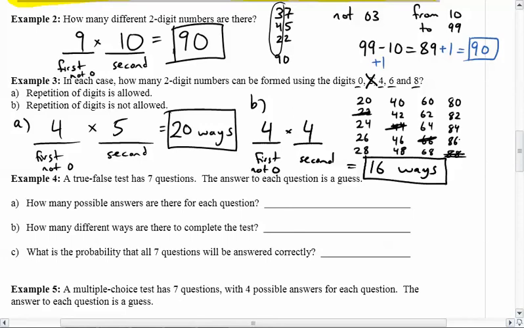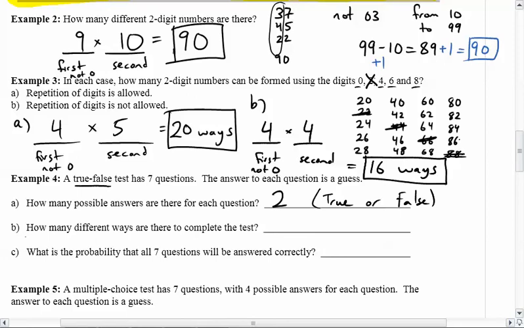Example 4, a true-false test has 7 questions. The answer to each question is a guess. How many possible answers are there for each question? So because it's true or false, there's 2 possible answers. Either you can answer true or you can answer false. So how many different ways could you complete the test?